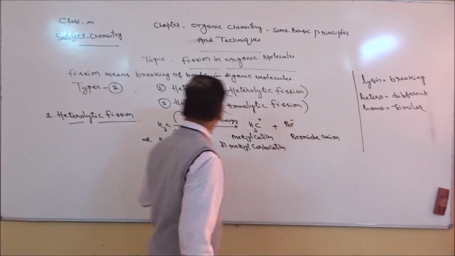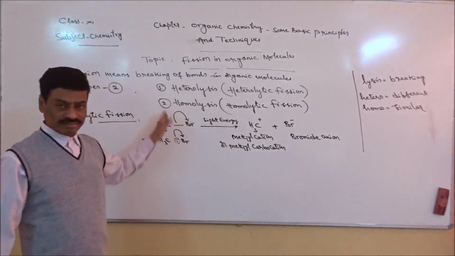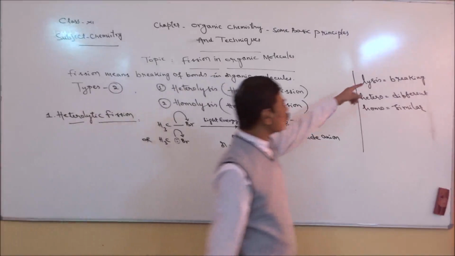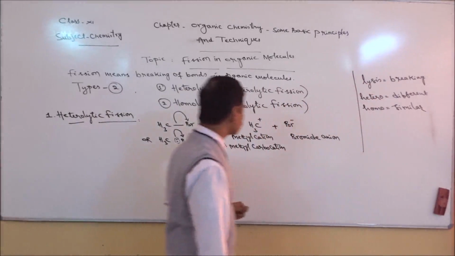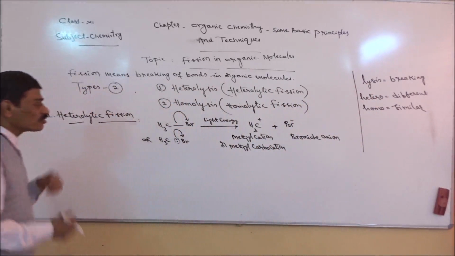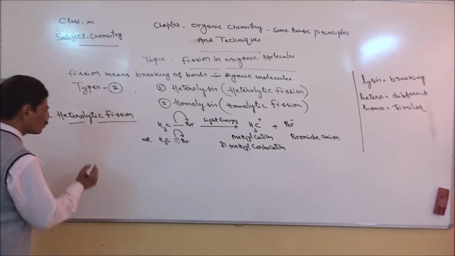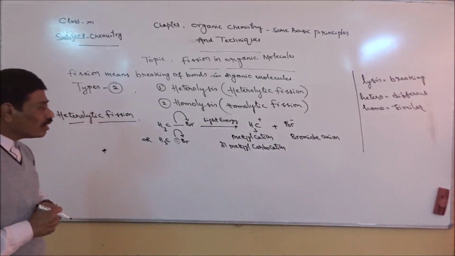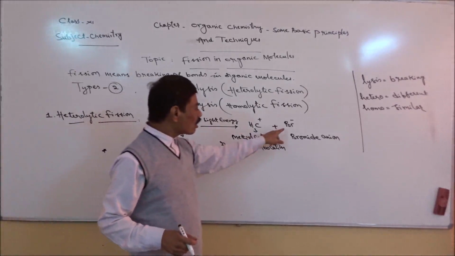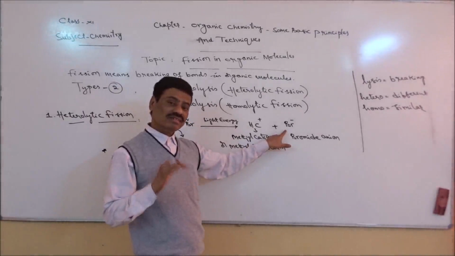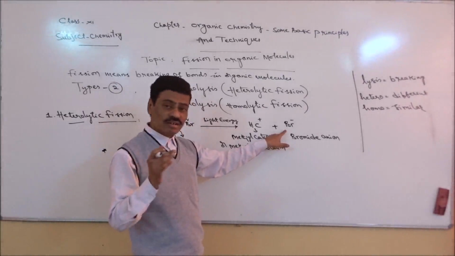Now the molecule is cleaved. It has undergone heterolysis. Lysis means breaking. Because of that, we have got two particles of opposite charges. Now, let us see the important points. Here, Br contains 8 electrons in its outermost shell.